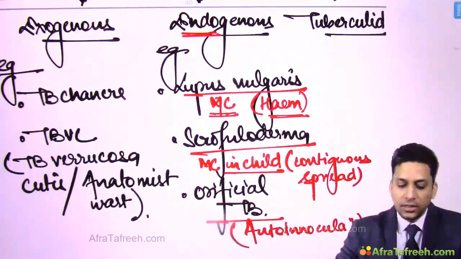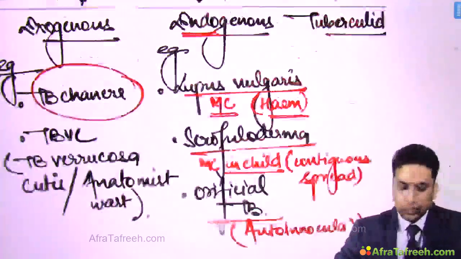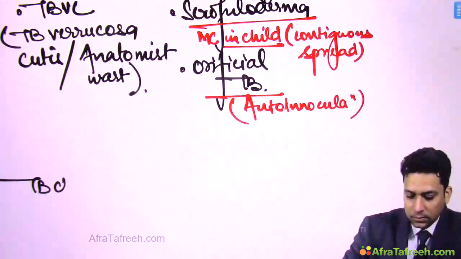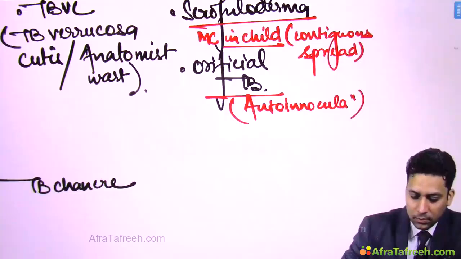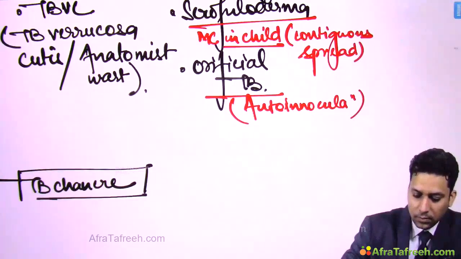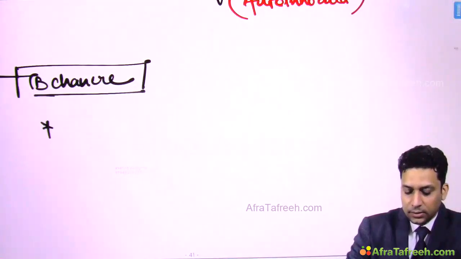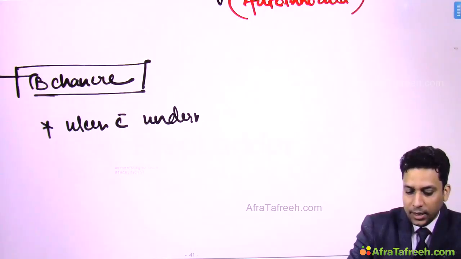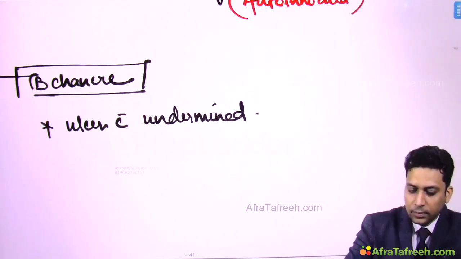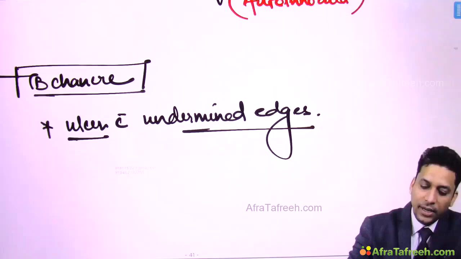Let us first start with tubercular chancre. So tubercular chancre presents with an ulcer with undermined edges.